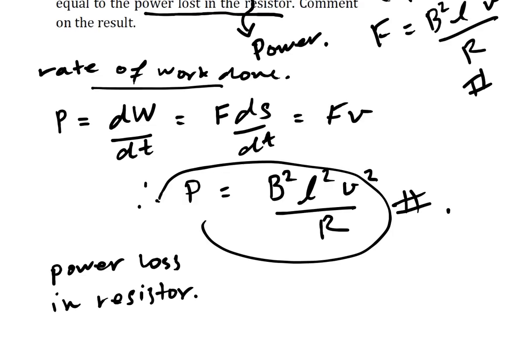From the last lessons, we calculate this as the product between the current and the voltage, or in this case, the induced current times the induced EMF.